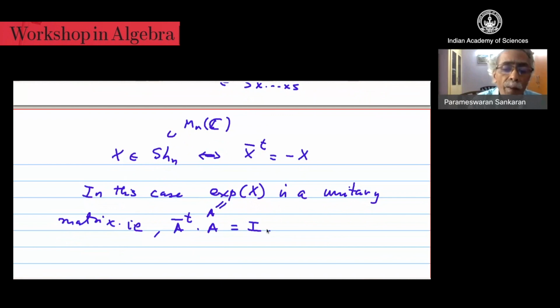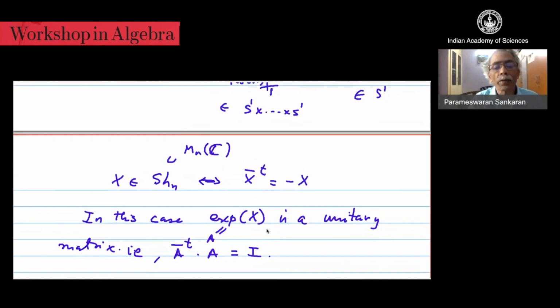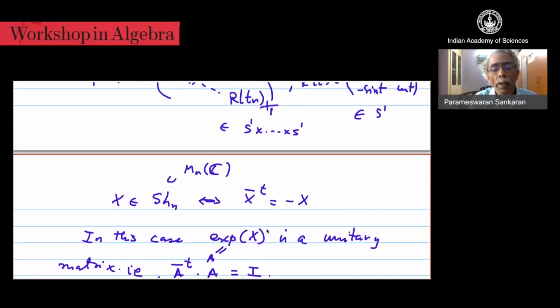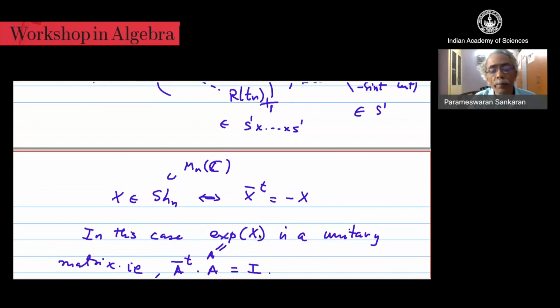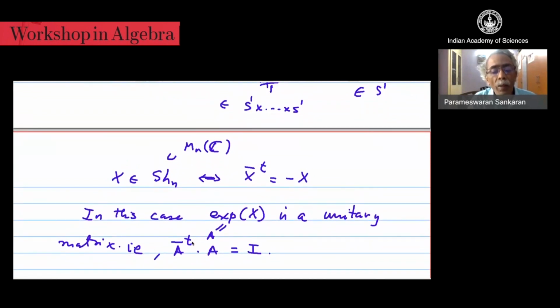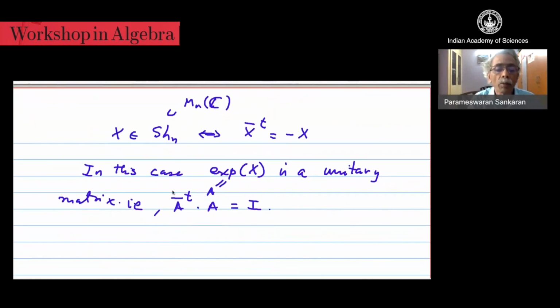The proof is almost the same as for how we showed the exponential of a skew symmetric matrix is orthogonal. The only added thing is you have a bar here, complex conjugation. And like I pointed out last time, exponentiation commutes with the conjugation. Exponential of X bar is the same as bar of the exponential. So that fact also is involved in the proof of this. That's all. Otherwise, the proof is identical, and I don't want to expand on that.